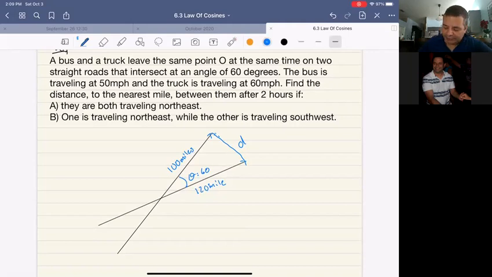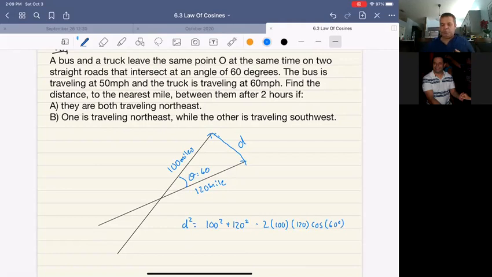So d squared equals 100 squared plus 120 squared minus 2 times 100 times 120 times cosine of 60 degrees.